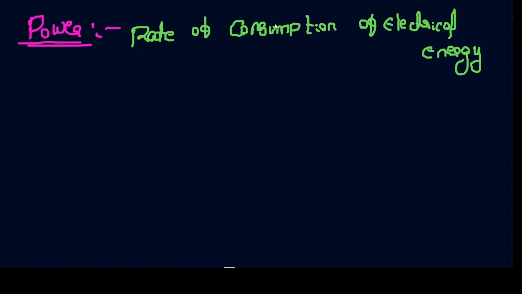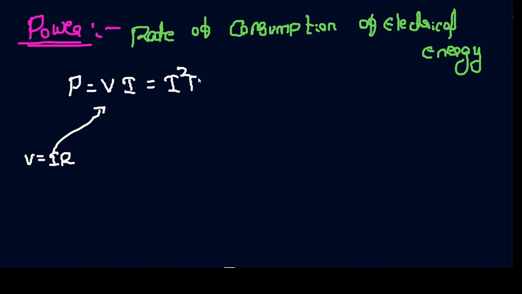So this is the definition of electric power, and how do we find it? It is simply the product of voltage and current, right? And we also have the relation V equals IR, right? If you substitute it in place of V, then you will get P equals I square R, right?